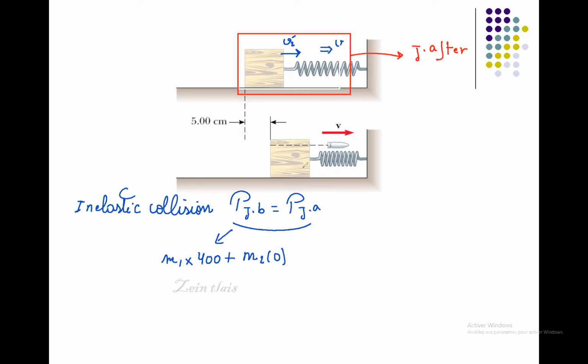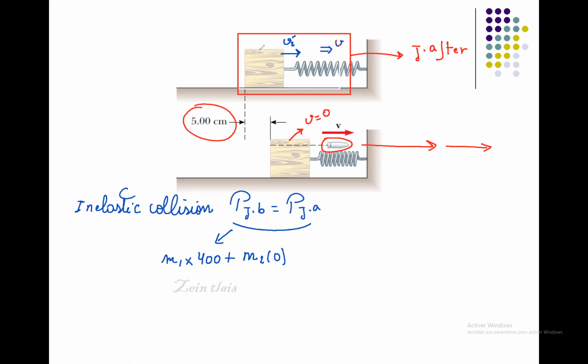And as the final case, we have a 5 centimeter compression. The system has V equals 0 because it's the final position. The bullet is moving with the same V, because we don't have air resistance, so the bullet will continue with the same velocity to the end.